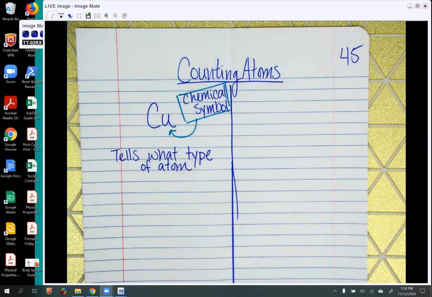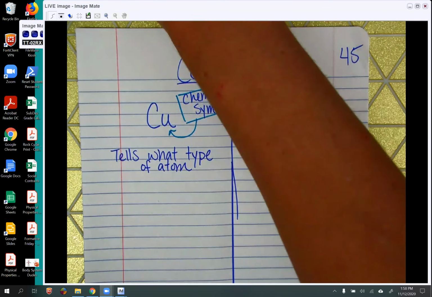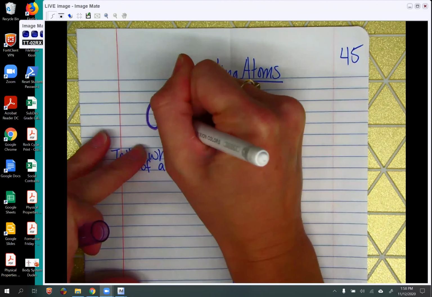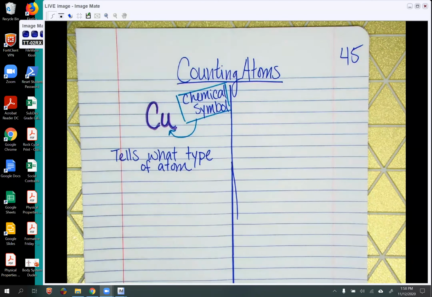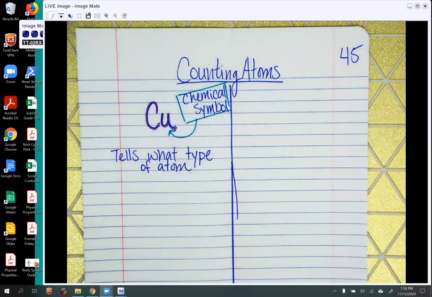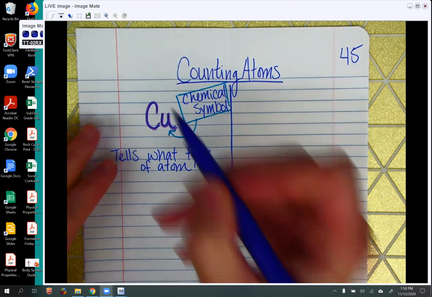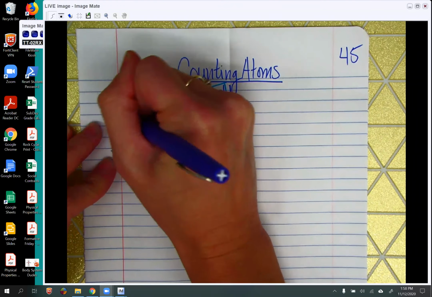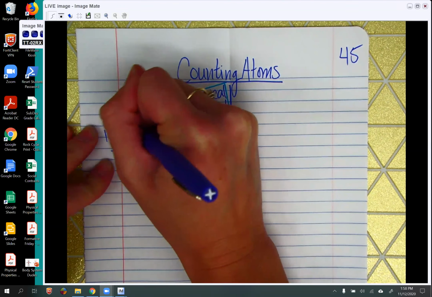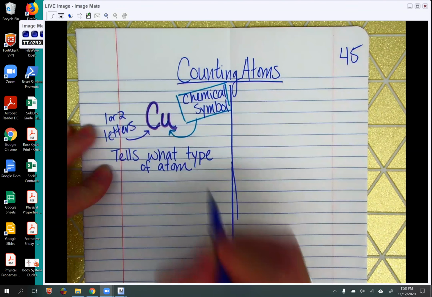So the chemical symbol is taken from the periodic table, and it tells you what type of atom you are working with. So this one is copper. Your chemical symbol can be 1 or 2 letters. Some are just 1, some are 2.